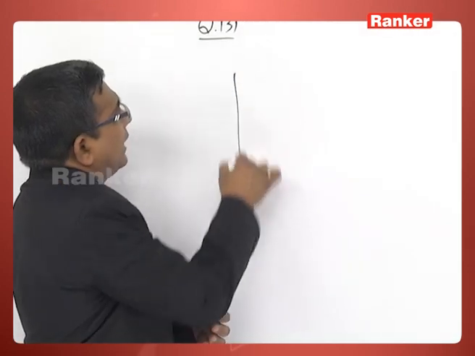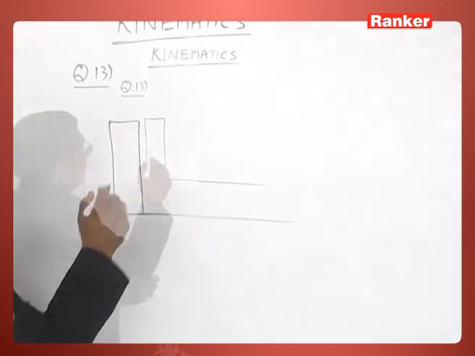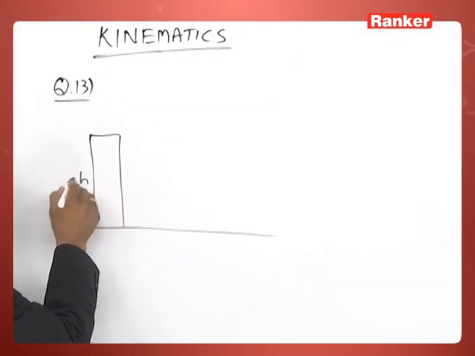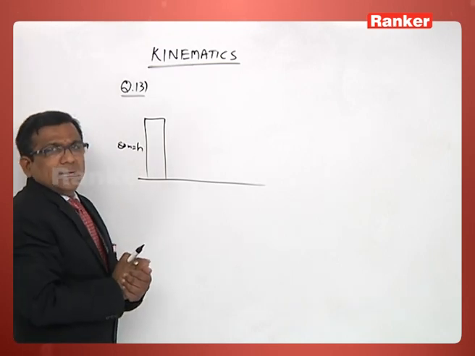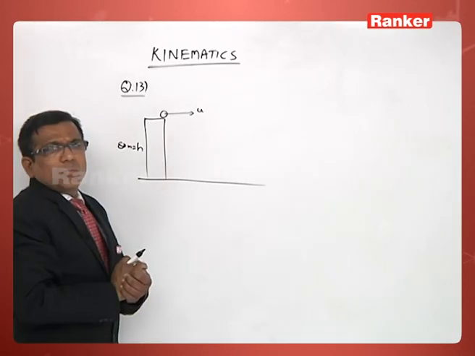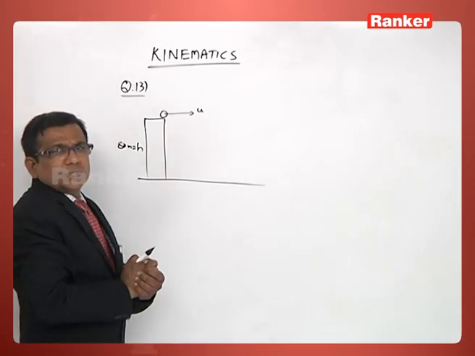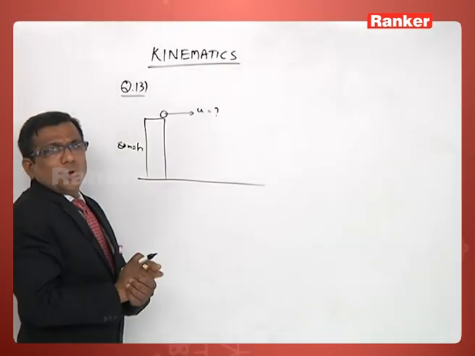There is a building. Let us say this is a building, and from the top of the building, this building is of height 80 meters as given. Then a ball is thrown horizontally with some velocity, and this we have to calculate. And what are the conditions given in the problem?